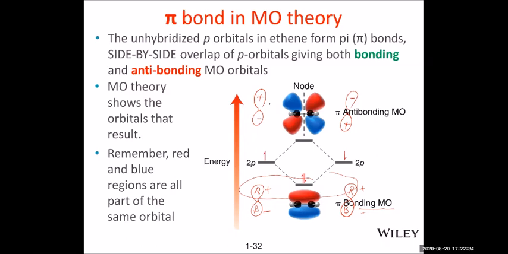In between the two p orbitals, there's zero electron density, and we call it a node. It's actually a nodal plane. Around this whole area, electron density is absolutely zero. And since there's no electron density between the two nuclei, this situation is a high energy molecular orbital, called antibonding. So the energy is higher. That's the pi bond in MO theory.